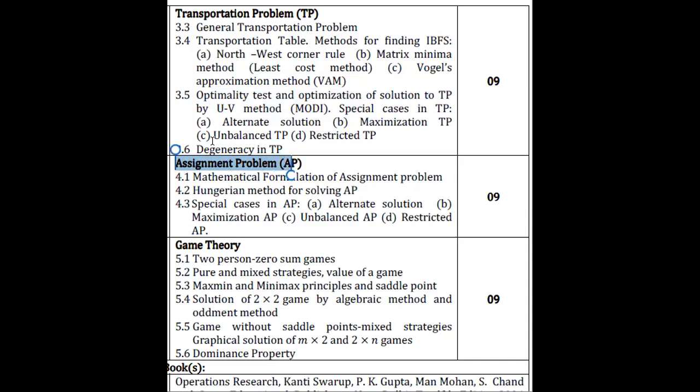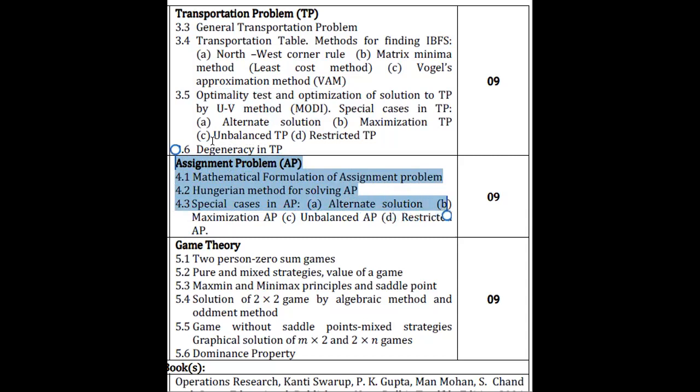Then chapter 4 is assignment problem. Mathematical formulation of assignment problem. Then there is a method of solving assignment problem known as Hungarian technique or Hungarian method. Now, special cases, again, we can have alternate solution to an assignment problem.